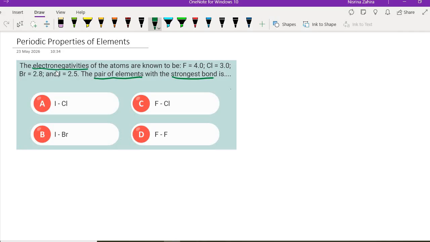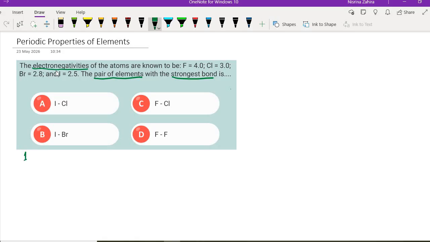So if there are two elements or more, and we would like to find how strong the bonds or the chemistry between two atoms or two elements is, we can use electronegativity data. And how can we find this?